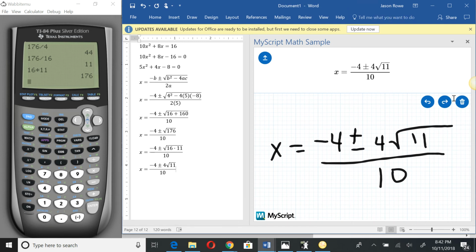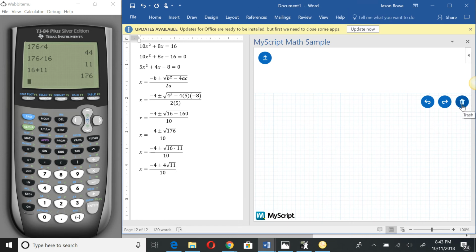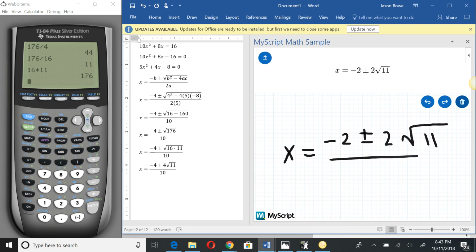They're all divisible by 2. So this will reduce. So my final answer will be negative 2 plus or minus 2 times the square root of 11, all divided by 5, because I divided each one of these values by 2.